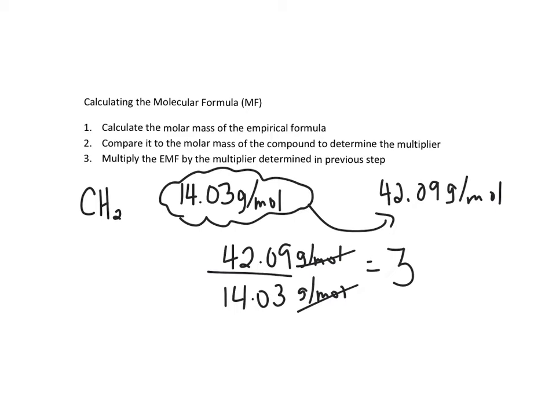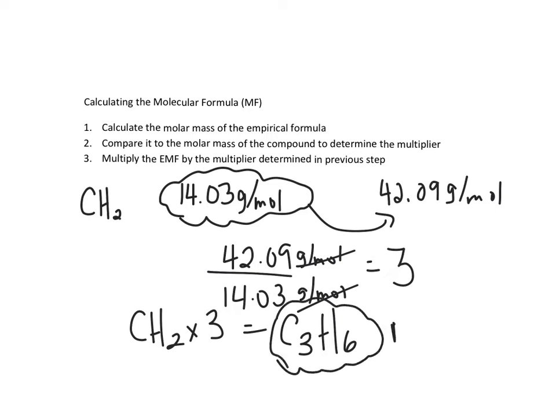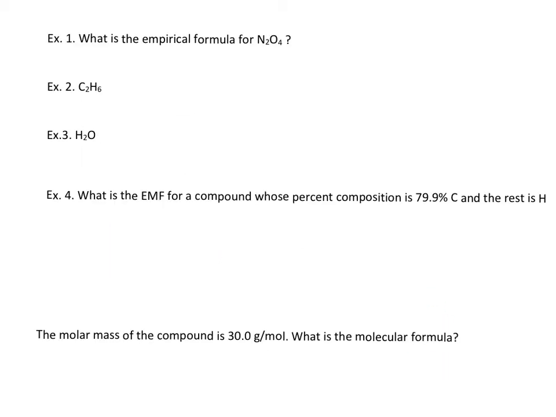So our actual formula contains 3 times our empirical formula. So CH2 times 3 is C3H6. So this is our molecular formula for our compound, whereas our empirical molecular formula was CH2. So simplest whole number formula, actual molecular formula.